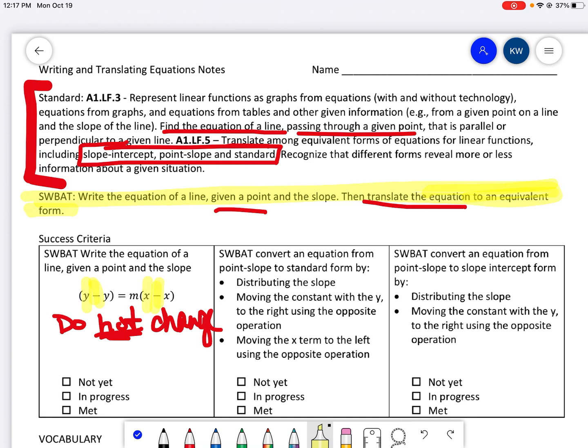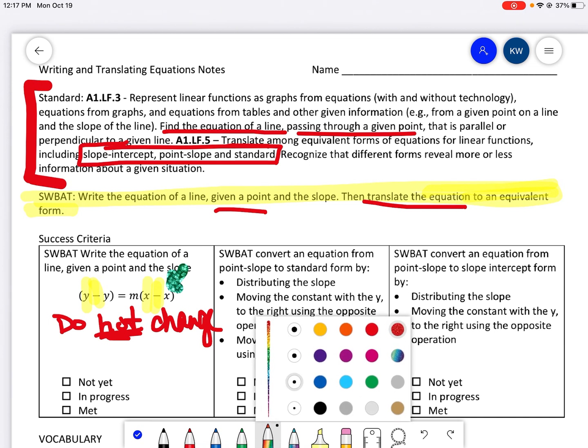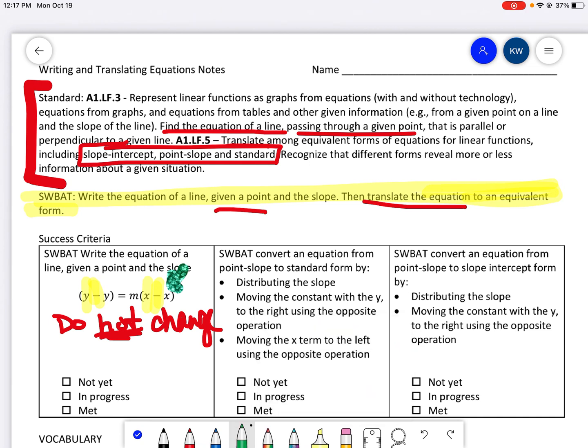We are simply going to be plugging in for the x, we're going to be plugging in the slope, and we're going to be plugging in for the y. Those other pieces do not change.